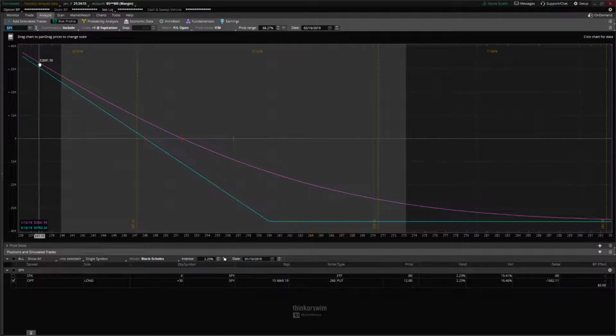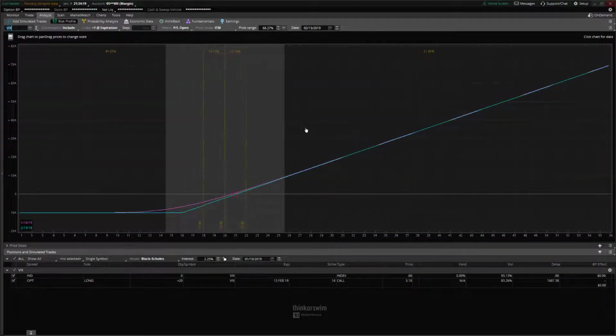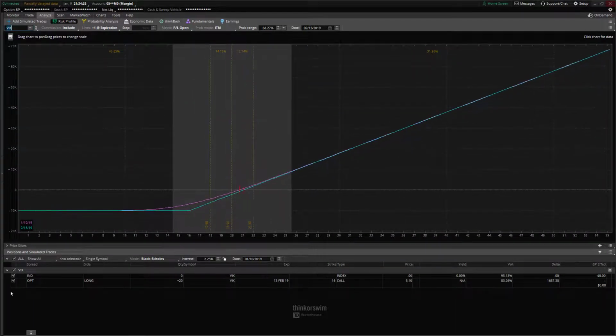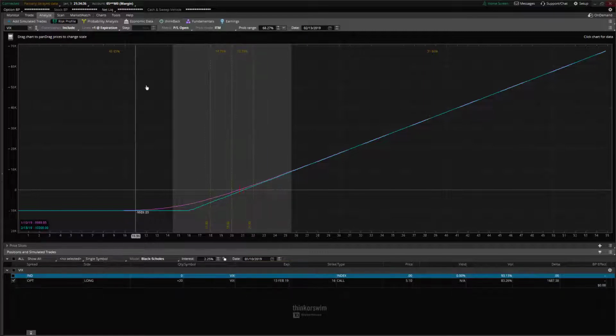And not only do I have those, I have VIX calls. I have 20 of the February VIX calls, so 13th of February 2019, of the 16 strike. So obviously I'm looking for a big move up in VIX, along with a big move down in the equities.